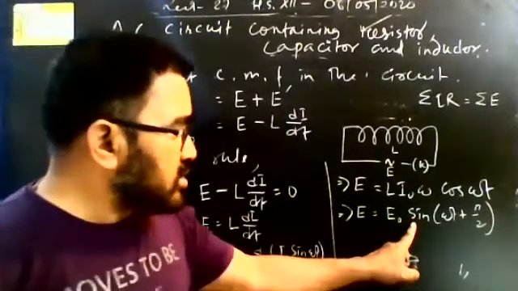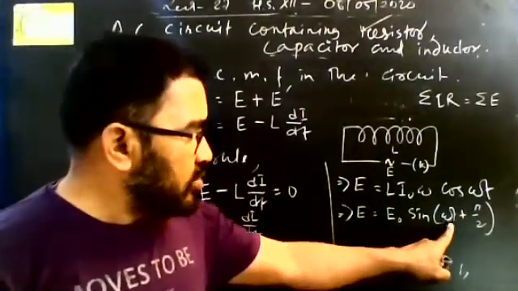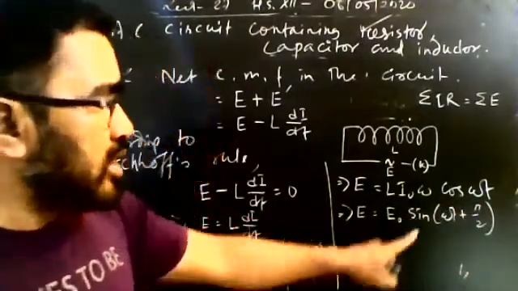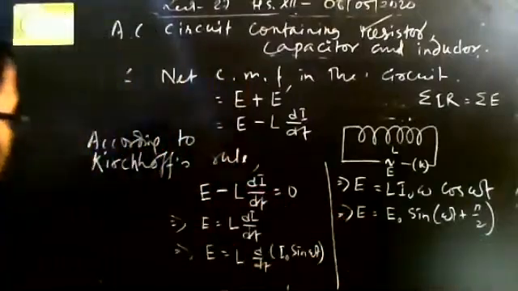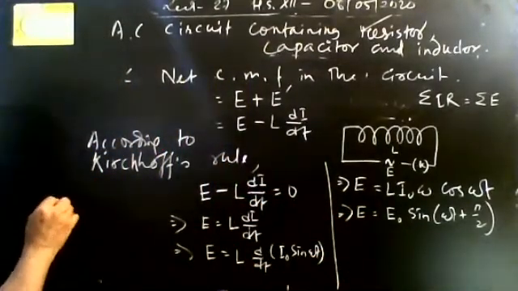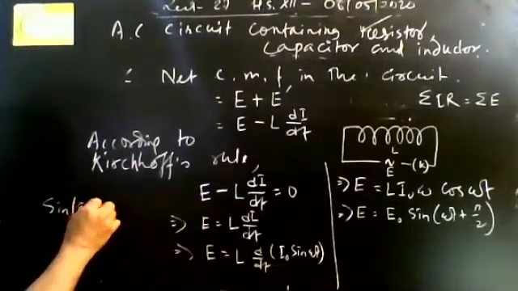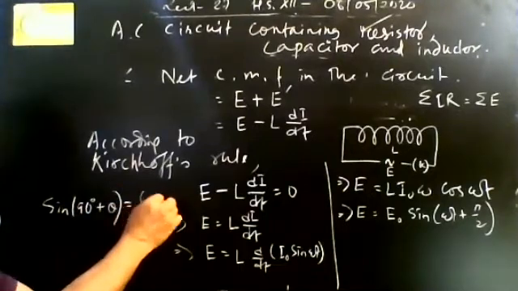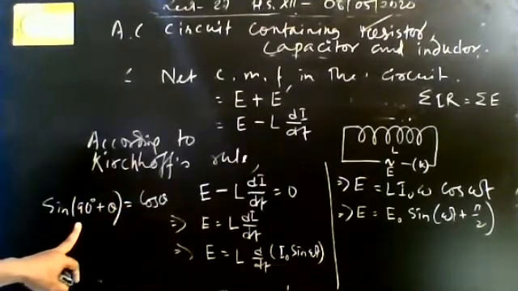Can we write sine omega t plus pi by 2 in place of cos omega t? Yes, we can write, because we know by definition that sine of 90 degrees plus theta is equal to cos theta. Second quadrant.